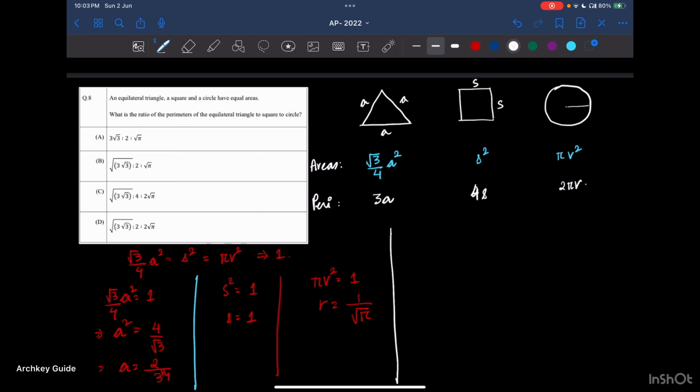So 3a is to 4s is to 2 pi r is what they want. Now what is 3 into a? 2 by 3, 1 by 4. Okay? Is to 4 because s is 1. Now 2 pi and r is what? 1 by root pi.